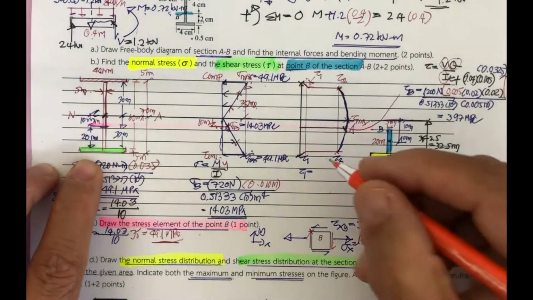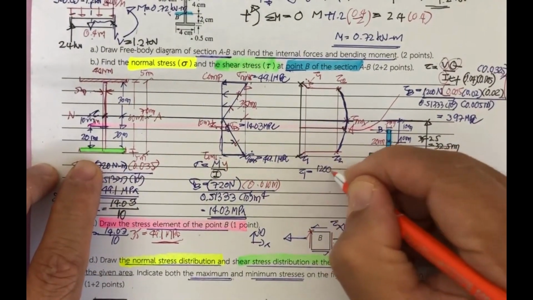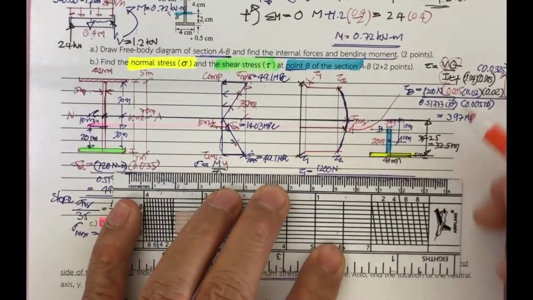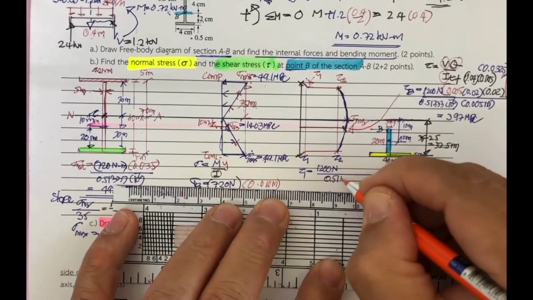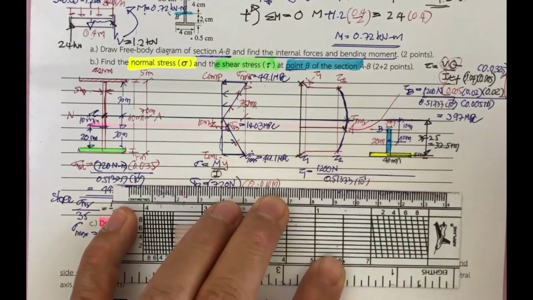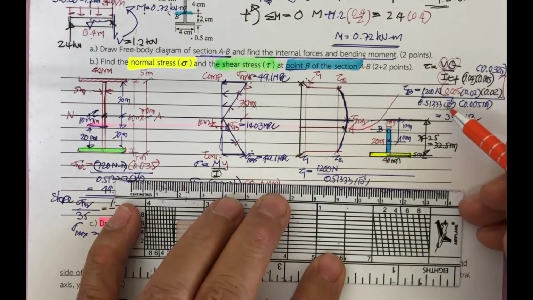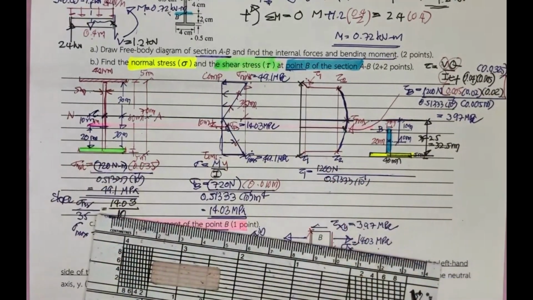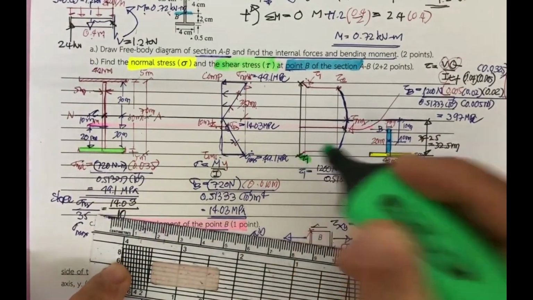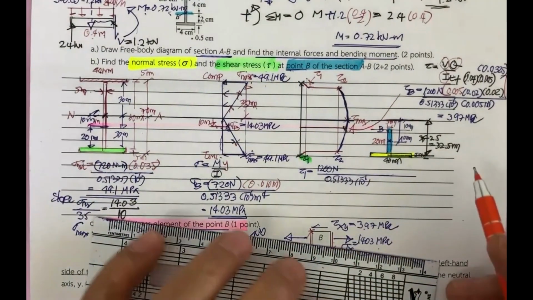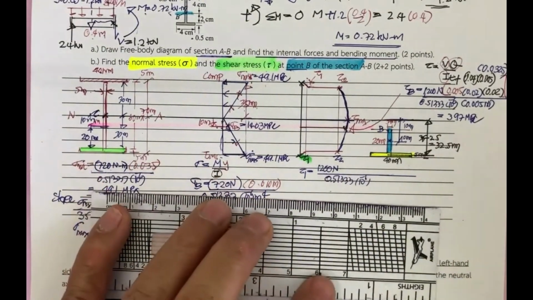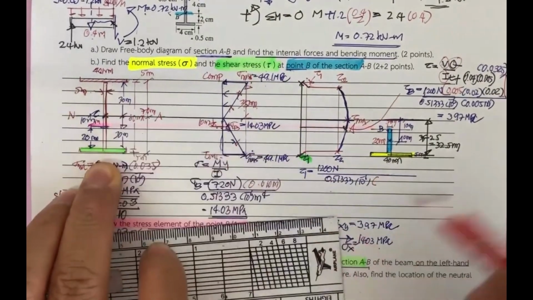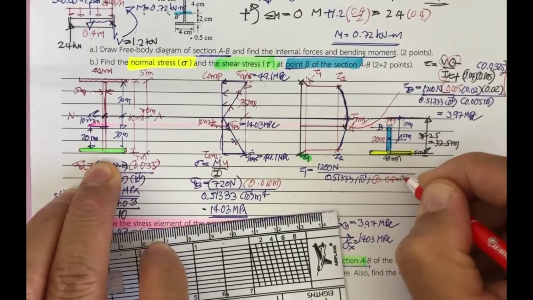So this is going to be the same thing, 1,200 Newton, and then divided by the same thing, divided by I. And then tau sub 1 is based on the flange. That means we're going to have the width of the flange. So the width of the flange is 40 millimeter. This is 40 millimeter, so this is 0.04 meter.